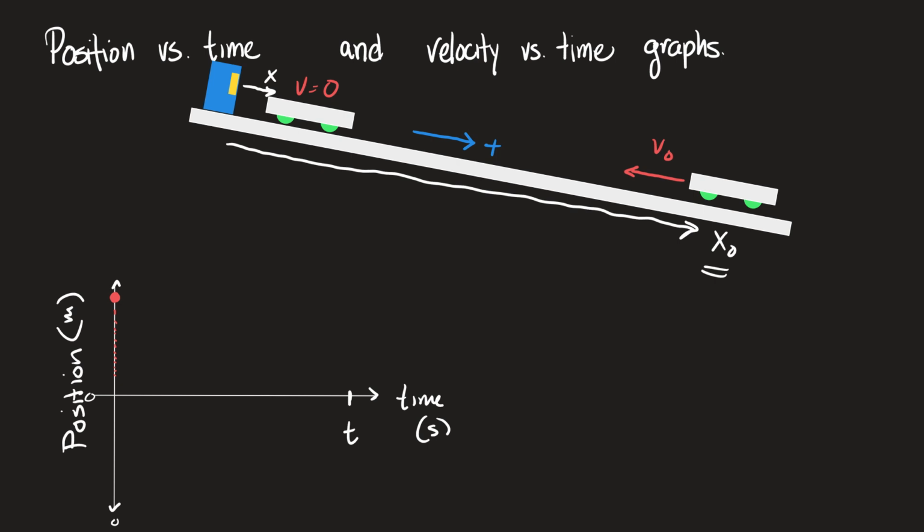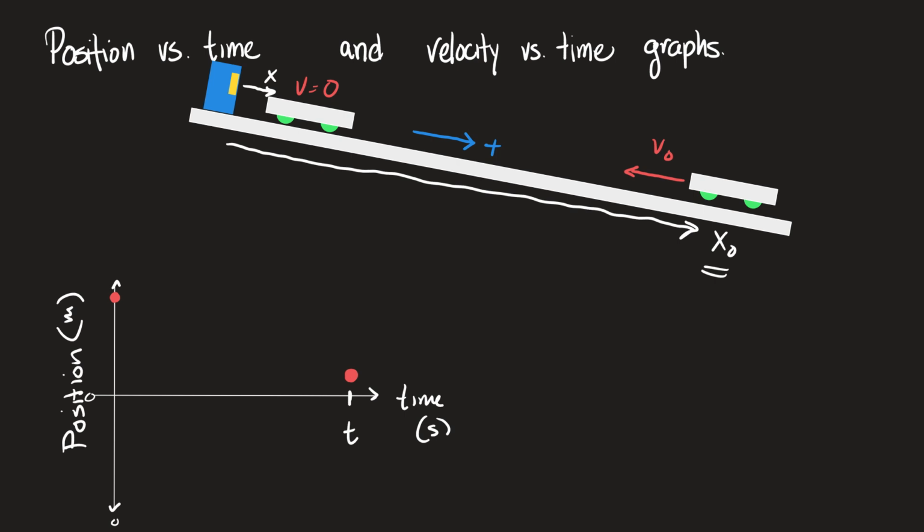But time has passed, so I need to go over here to where T is and recognize that the car now is in this position at this time. Remember, this is a position versus time graph, and it's cataloging where the car is at every moment in time.